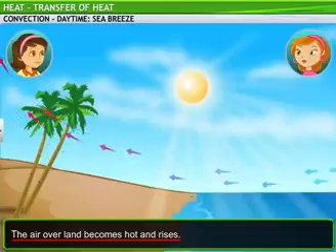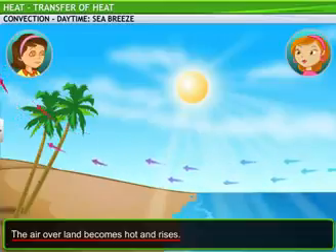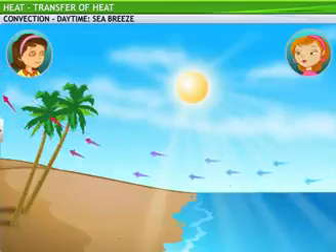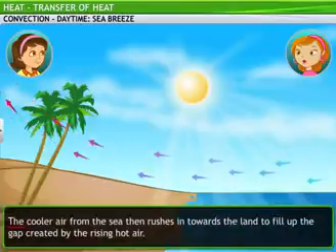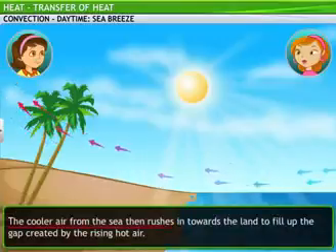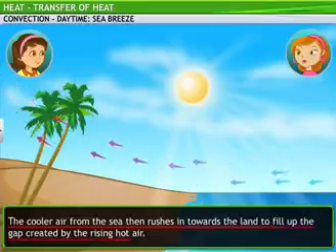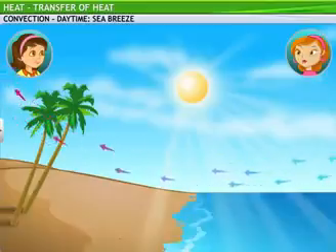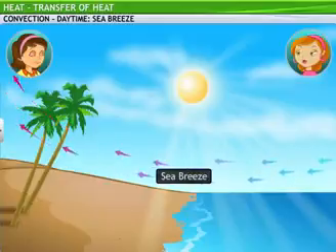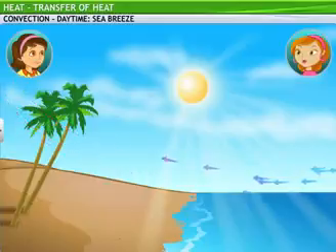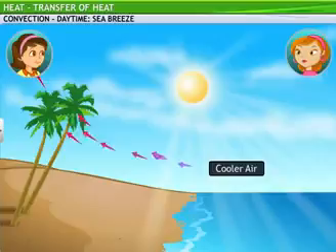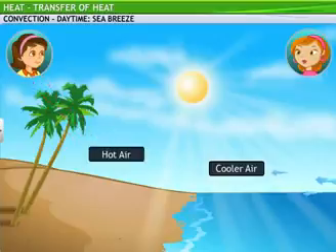This creates a low pressure area or a gap between the land and the hot air. Cooler air from the sea then rushes in towards the land to fill up the gap created by the rising hot air. This is sea breeze. The cooler air in the upper atmosphere moves down towards the sea to complete the cycle.